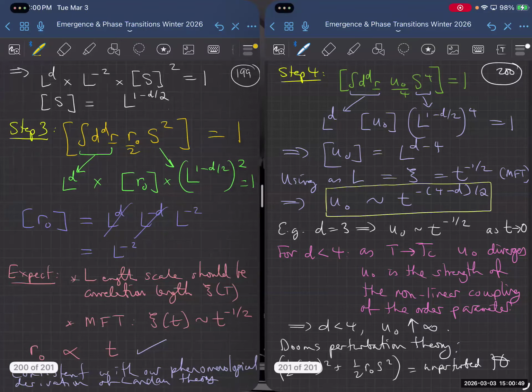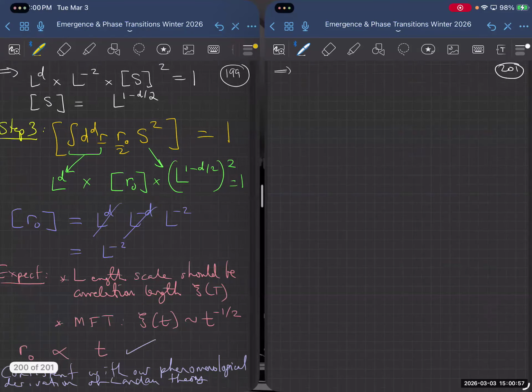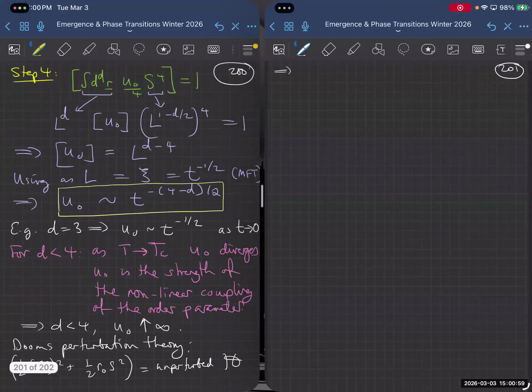And then that means that the term u naught over 4 s to the fourth, integral d^d r, would be the perturbation.